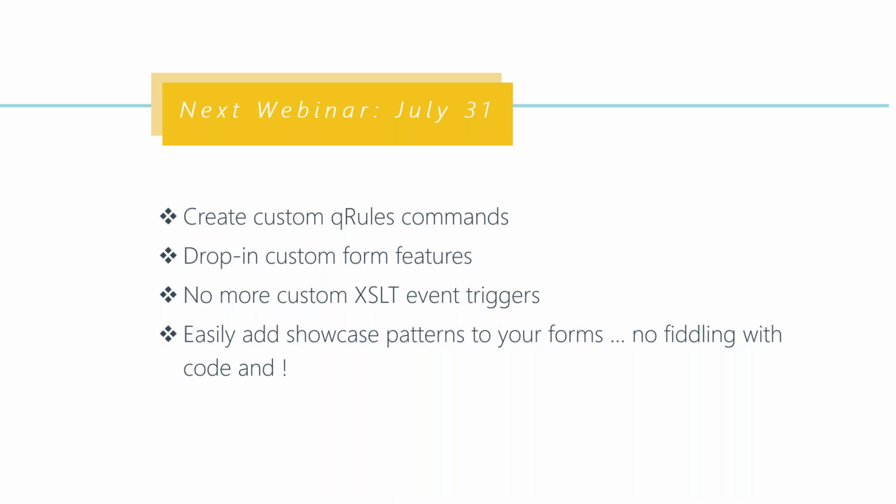And another great benefit is that if you need a new feature, which is possible to do with this technique, then you don't necessarily have to wait for the next Forms Viewer release to come around. We can just put it together for you and add it to your form right there. So that's going to be really handy, and looking forward to talking about that in 2 weeks.